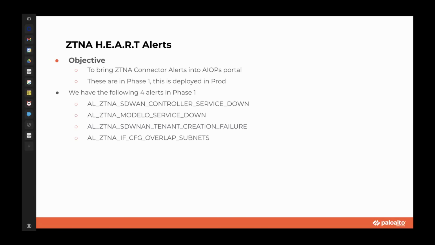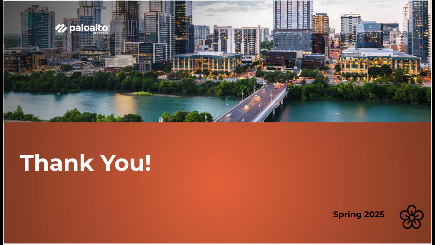We have all these different alerts, overlap subnet alerts, tenant creation failure alerts, service down alerts, etc. The first 3 alerts are low-key log alerts, and the final one is basically the interface change or subnet change alerts. So these are quick things we have introduced. We have started to introduce these AI ops based alerts for ZTNA connector.